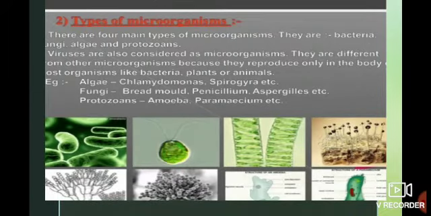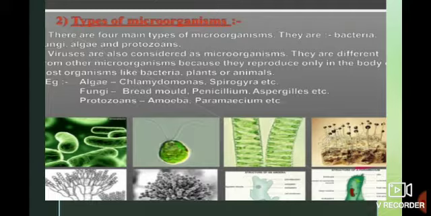Now let us learn about the types of microorganisms. Microorganisms are divided into four types: bacteria, fungi, algae, and protozoans. Viruses are also considered microorganisms. They are different from other microorganisms because they reproduce only in the body of host organisms like bacteria, plants, or animals.